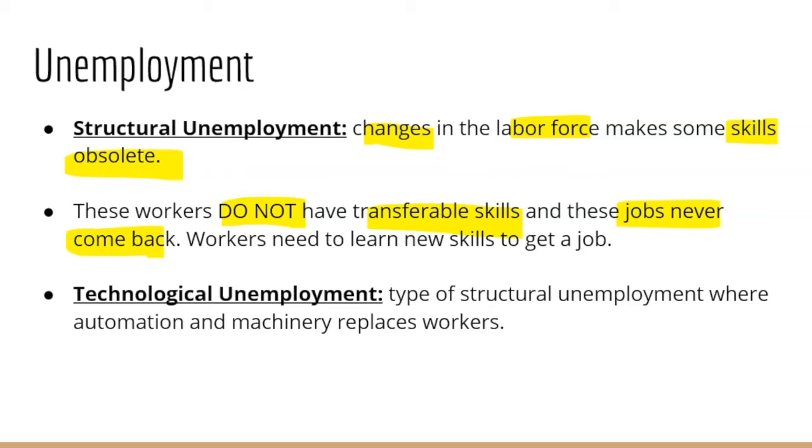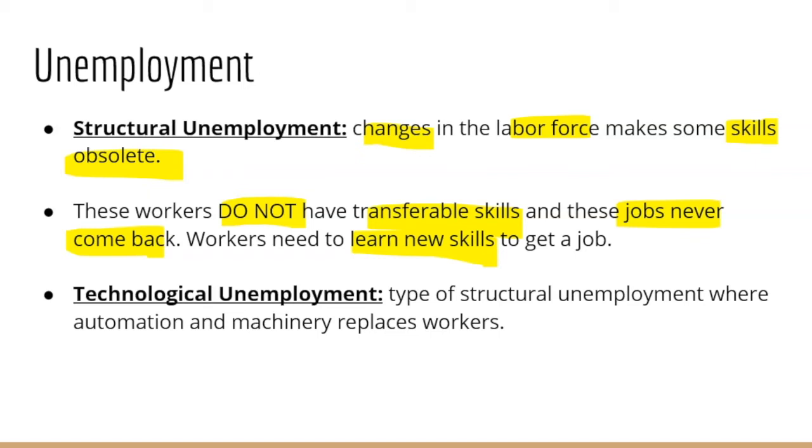So if these workers want to gain employment somewhere else, they're going to have to learn new skills to get a job. For example, if you are a DVD repairman, you are considered to be structurally unemployed, right? Because with the rise of streaming services like Netflix, Hulu, Disney Plus, no one uses or buys DVDs and DVD players anymore.